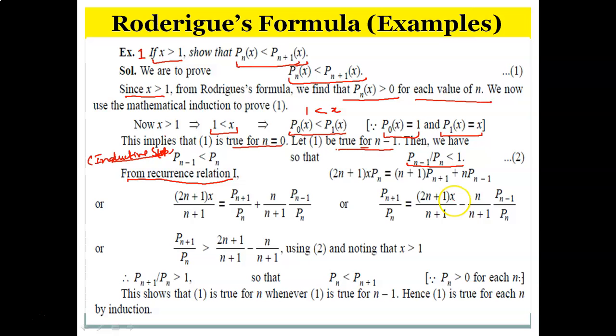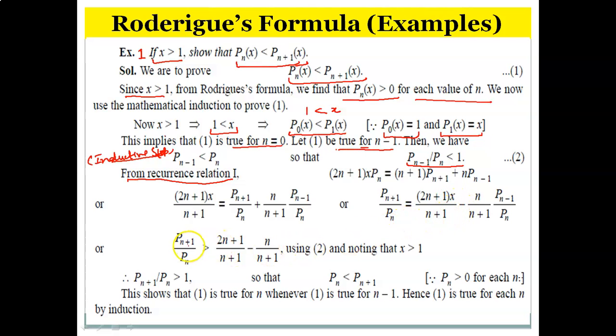You know that the statement gives x greater than 1. Because x is greater than 1, if I omit x from this place, and the other fact is that P(n-1) over Pn is less than 1, that is given in equation 2, using these two facts I can put the sign of greater than here. If you omit this quantity, which is less than 1, it becomes further smaller, and you are also removing this x here, so it becomes further smaller.